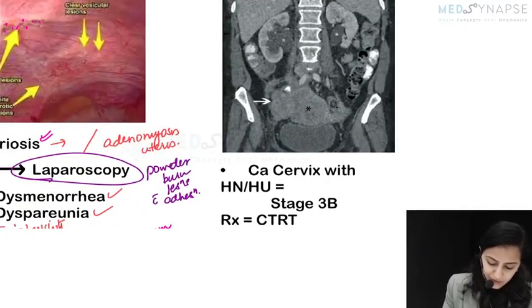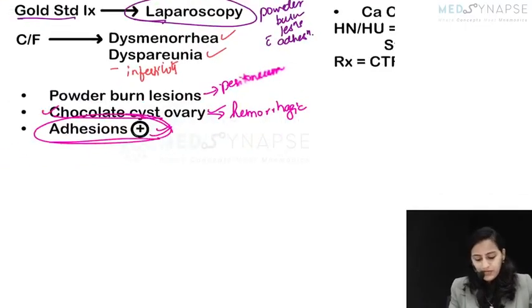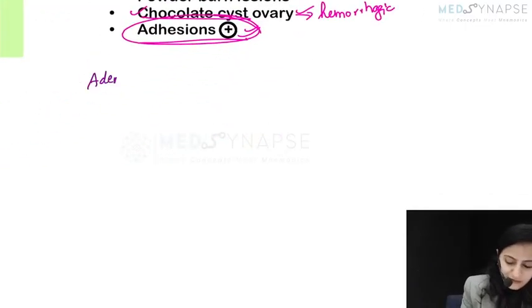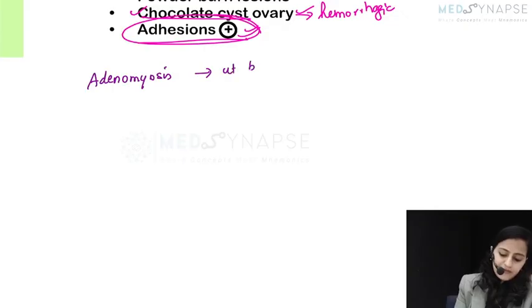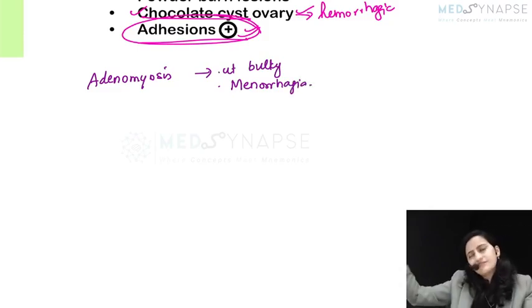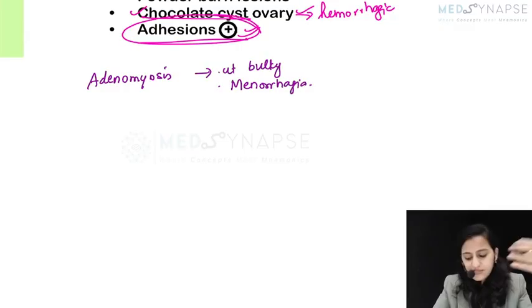Versus in adenomyosis, what will you see? What are the complaints in a patient of adenomyosis? Very common. Adenomyosis. Endometrium अंदर जा रहा है. Uterus will be enlarged, bulky uterus. Clinical features will be menorrhagia. है ना, uterus के अंदर ही है. So imagine that all the bleeding is coming from the uterus itself.